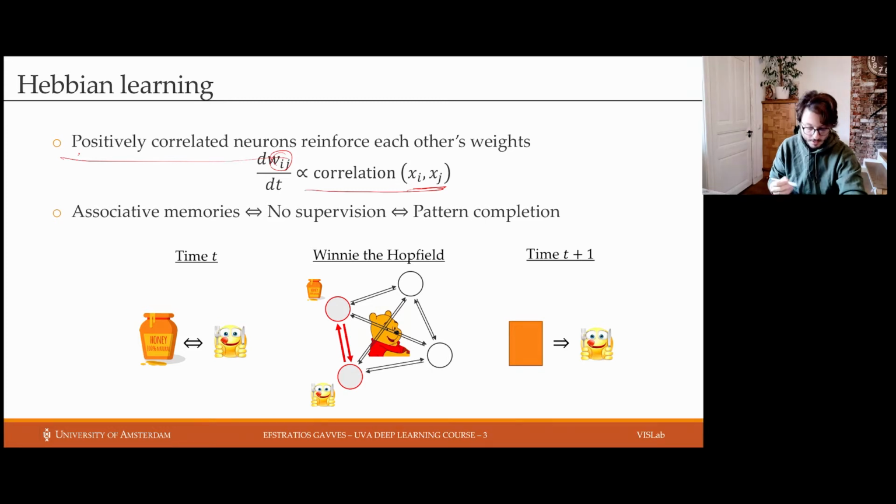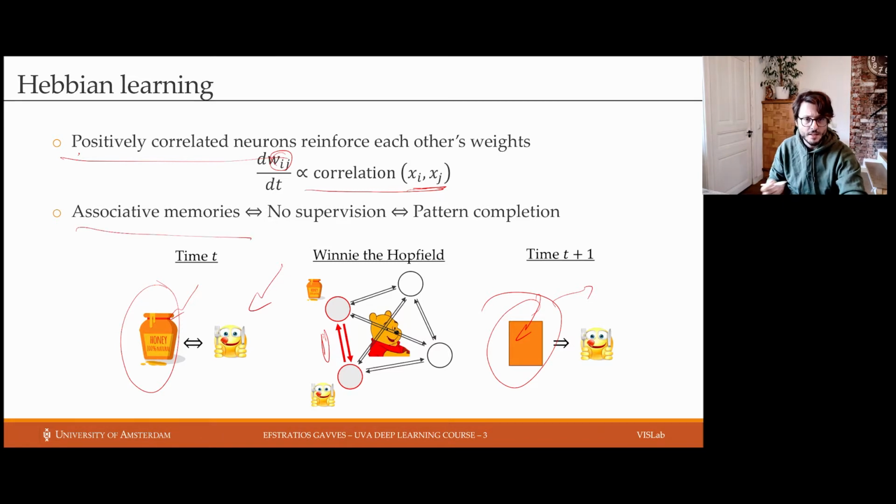If at time t we've got a strong association between honey and being hungry, then we are reinforcing the associated neurons, the honey neuron and the being hungry neuron, such that when we've got a similar activation, like a box of orange color, which looks a lot like our honeypot, then by association we would also increase the neurons for hungriness.